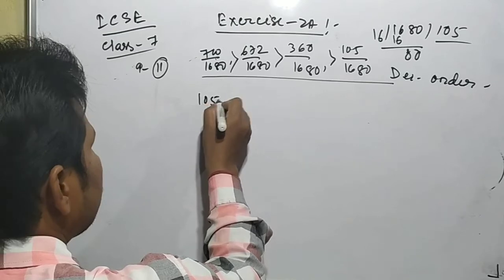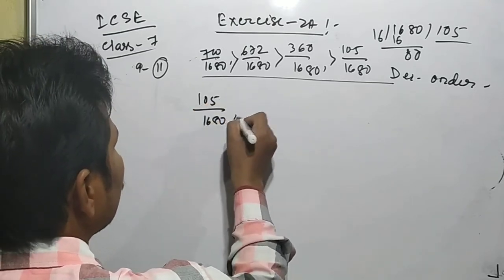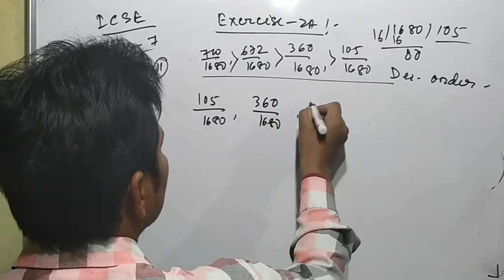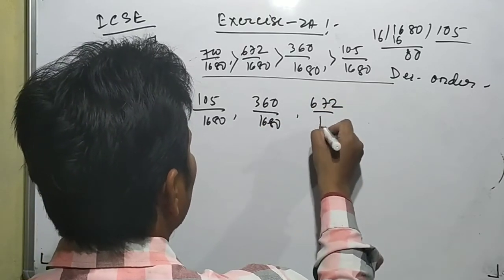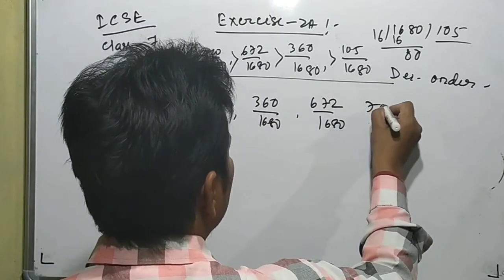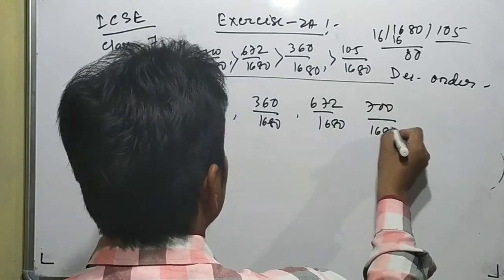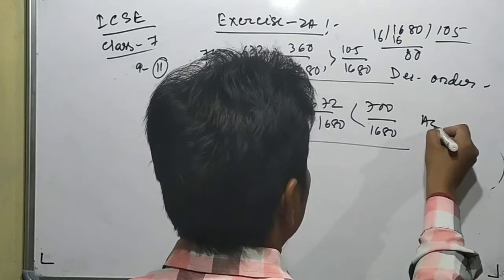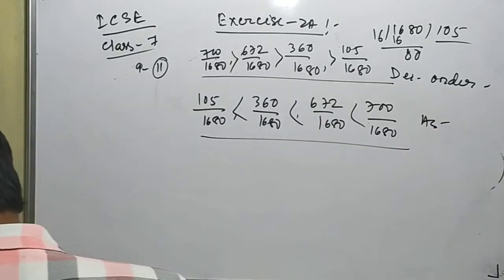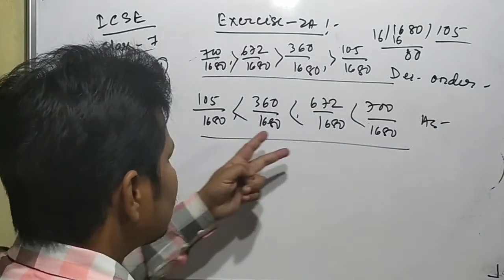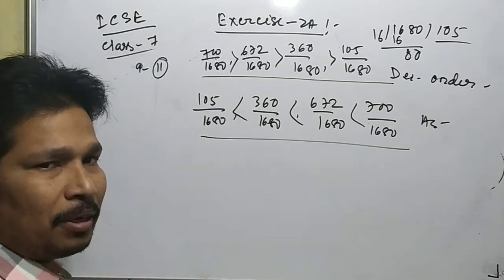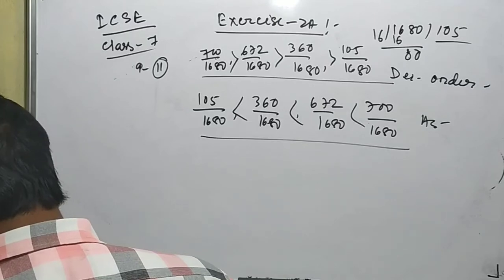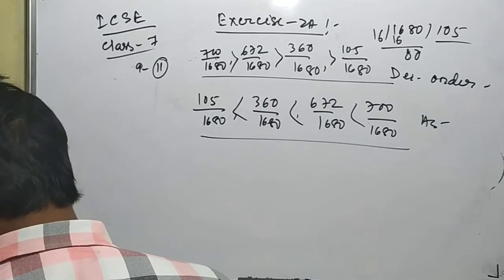So 105 by 1680, 360 by 1680, 672 by 1680 and 700 by 1680. This is the ascending order, but we do not have to write that answer because these numbers are not given in the question. We have to write the proper numbers which are given in the question.